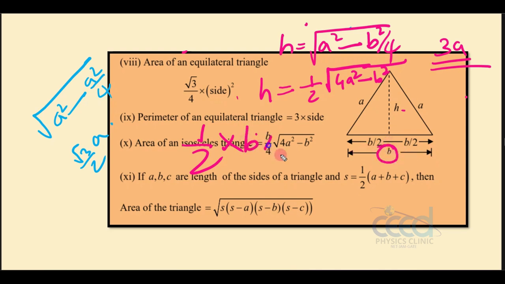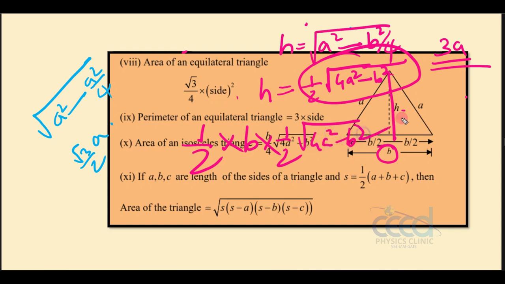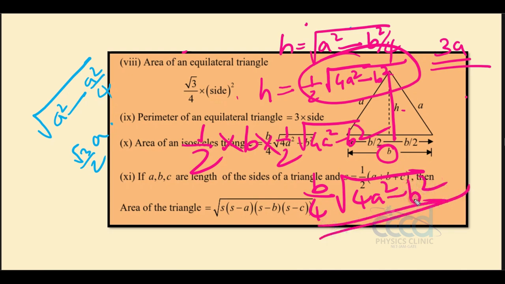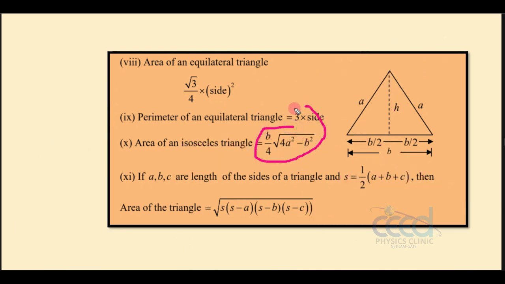Base into height. The height we already saw, that is half into root of 4a squared minus b squared. Then what is the final result? B by 4 into root of 4a squared minus b squared, where b is one of the sides, and a is the side length of the two equal sides, right? All right. So that is this equation, for the isosceles triangle.